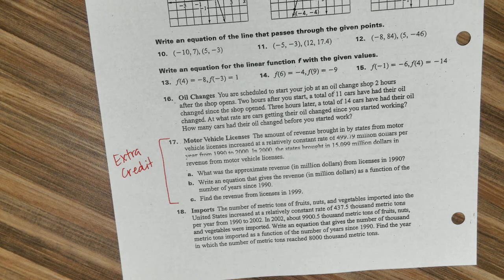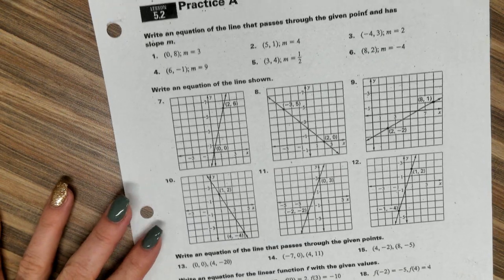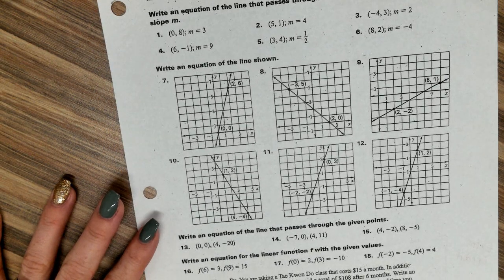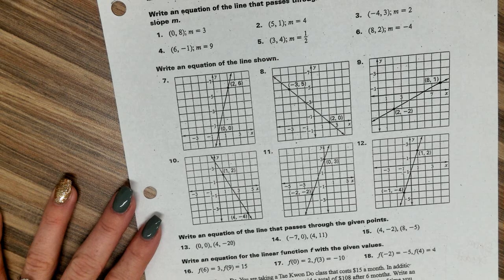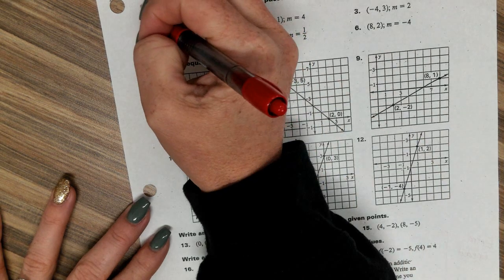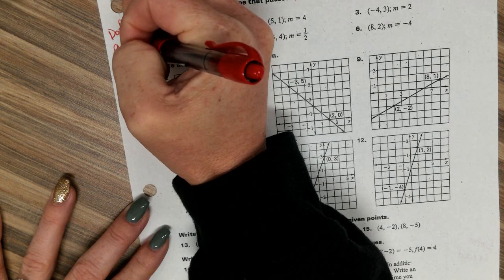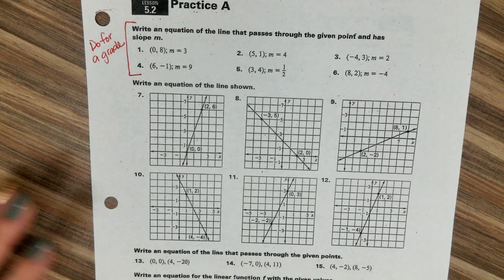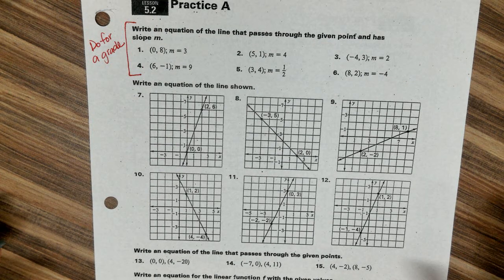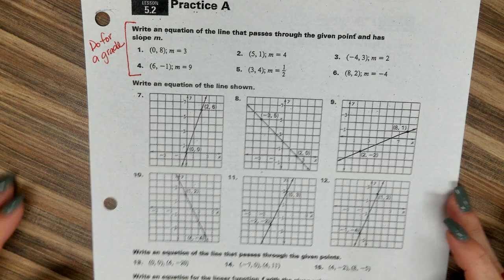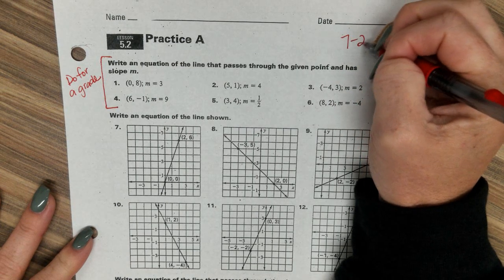Let me see. What did I write? Oh, okay. Then flip to practice side A. 1 through 6 are for a grade. 7 through 20 are extra credit.